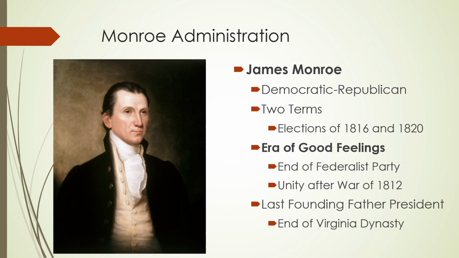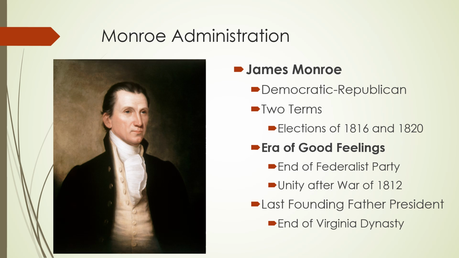But people are so excited about that victory, about Jackson's victory at New Orleans, that when it's realized that the Federalists were talking all these things about changing the Constitution and being pro-secession, and of course the Federalist Party was pro-British, it really made the Federalist Party look un-American.